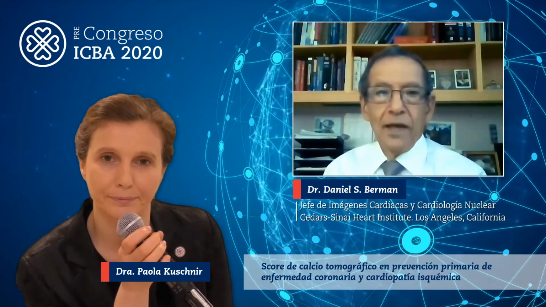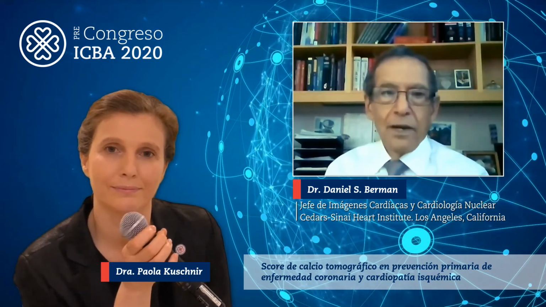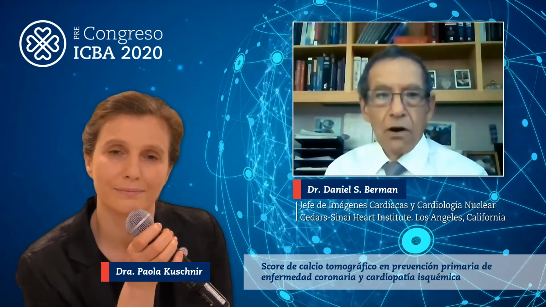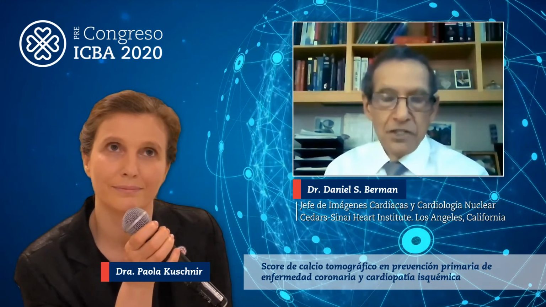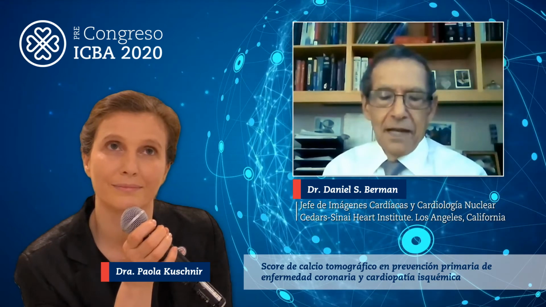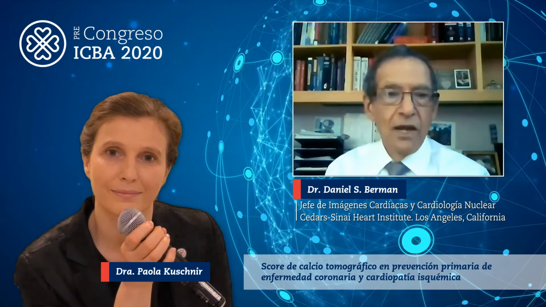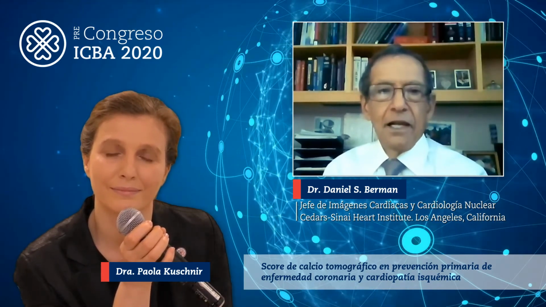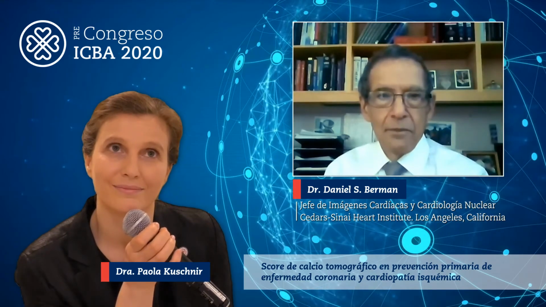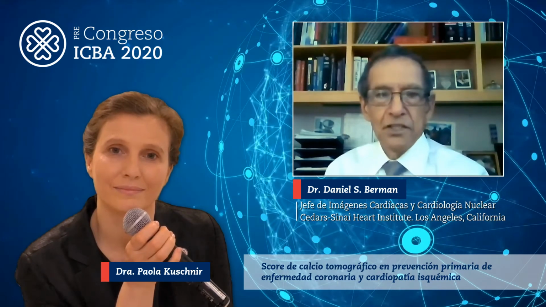In the group then with a score of over 400, there's a consideration of going ahead and doing coronary CT angiography or stress imaging or stress testing. The idea of using coronary CT angiography in the high calcium scores is not universally accepted in the asymptomatic patients, but it is our practice that we do recommend additional testing when the score is over 400.